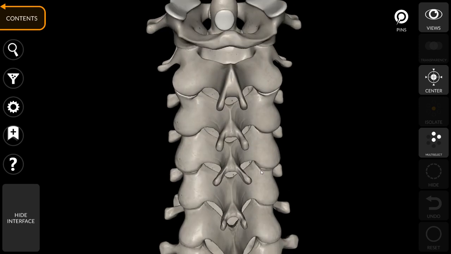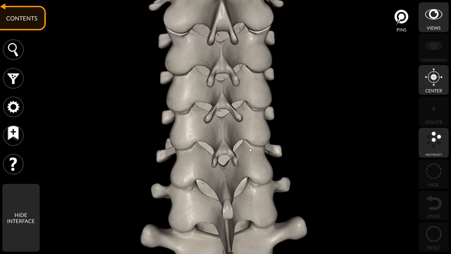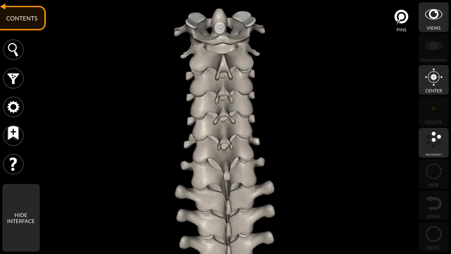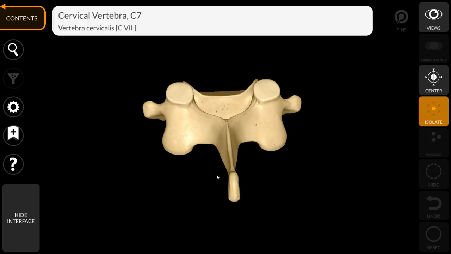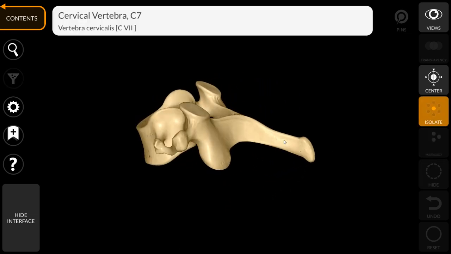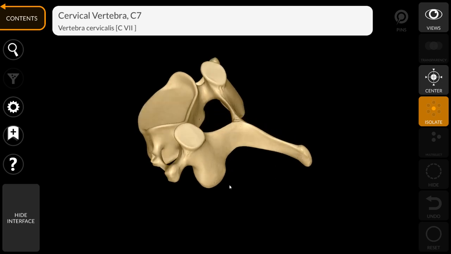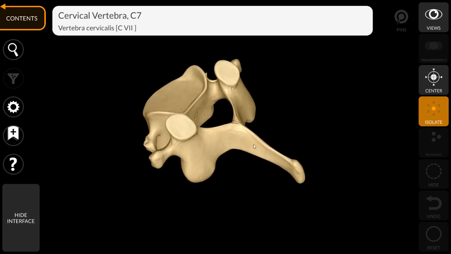Now the last cervical vertebra is C7. This is C1, C2, C3, C4, C5, C6, and also C7. I think C7 is very easy to understand. The structure is almost similar to the rest of the typical cervical vertebrae, but the only difference is the spinous process.